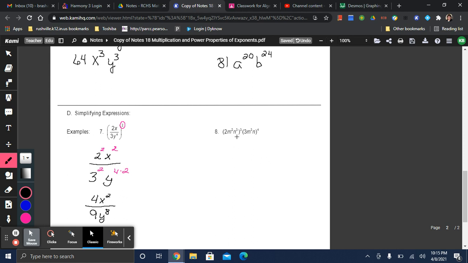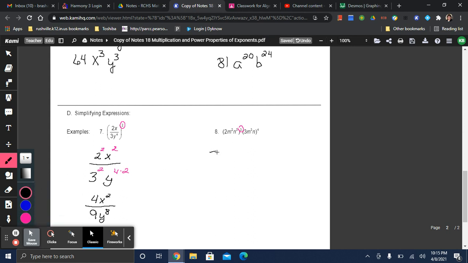And then finally, you have example number 8. And so you have a parentheses with a power outside multiplied by another parentheses with a power outside. So we always want to remove the parentheses by distributing the power. So this power 3 is going to distribute like this.